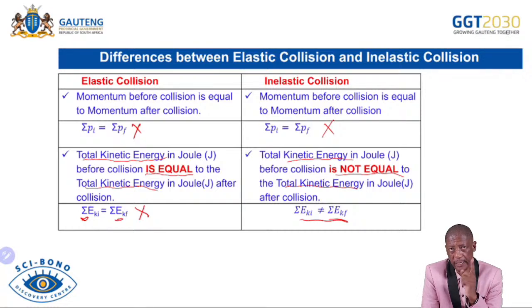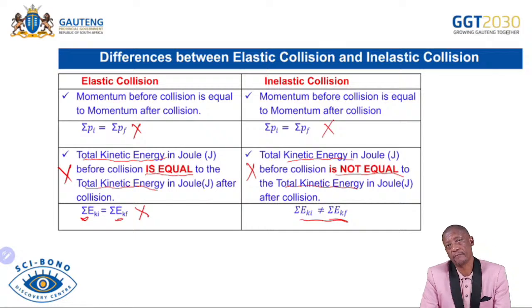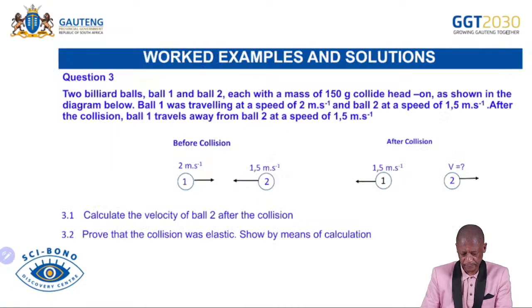Then you will be asked to prove that in terms of calculations. So it's very important that you know that. I will advise you to keep this slide, and especially know this, because it is guiding you as you move on with the calculations.